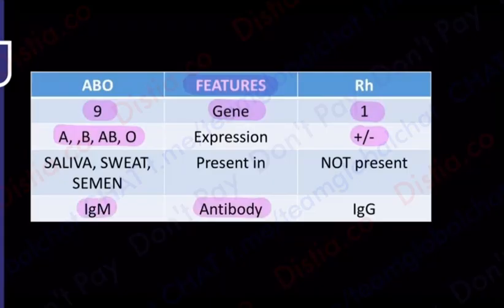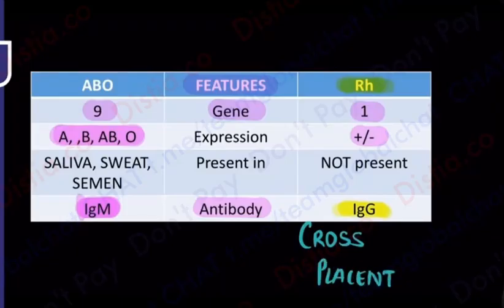ABO blood group is an IgM antibody, which means it is not going to cross the placenta. That makes sense. Many times you've seen that the mother is A positive and the baby is B positive, but they don't start fighting with each other in the womb. Why? Because ABO blood groups are to do with the IgM antibody, and IgM does not cross the placenta. On the other hand, RH antigen is to do with IgG antibodies. This means it can definitely cross the placenta.